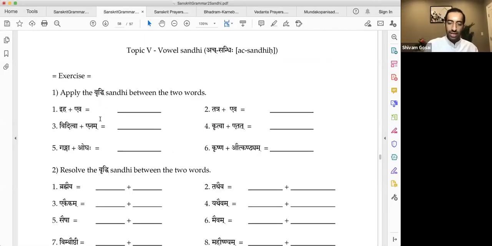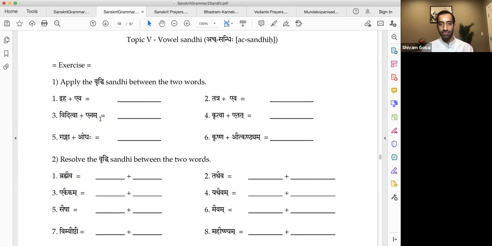So this is on that same page. So iha plus eva. What do we have on the left side? We have purva. Purva is akara. Para is e. A plus e, I put one feather in its hat. So ihaiva. Number 2, tatra plus eva. Same thing.